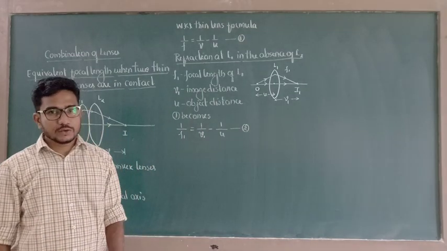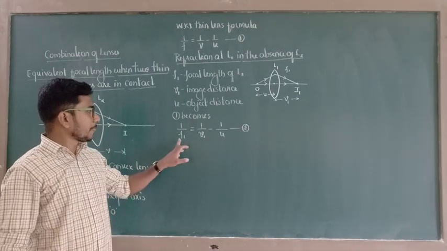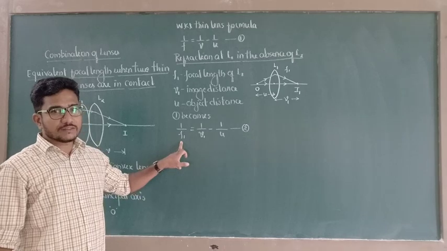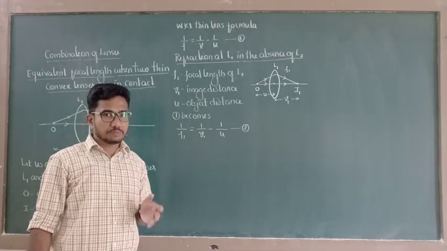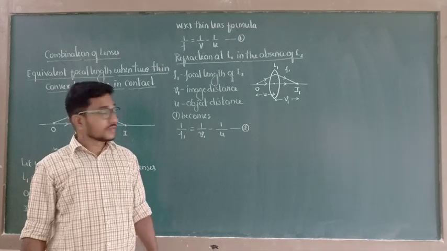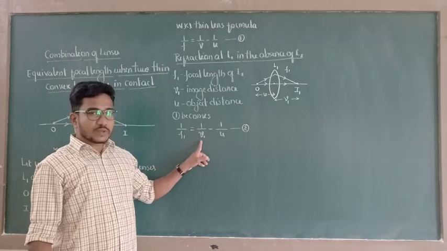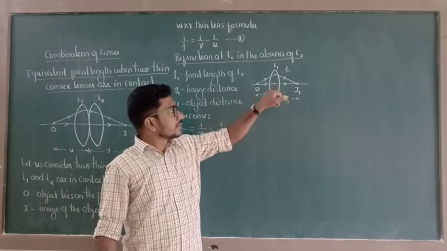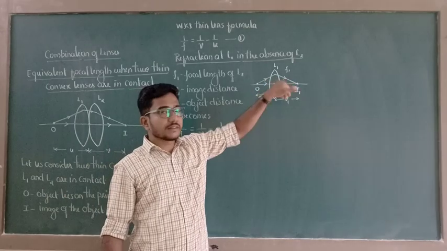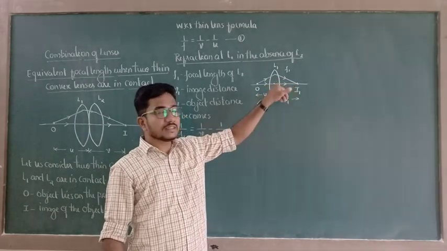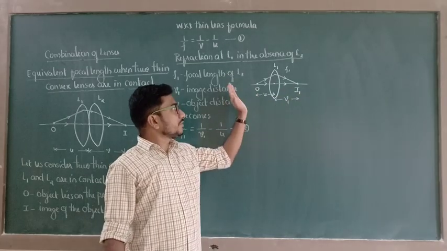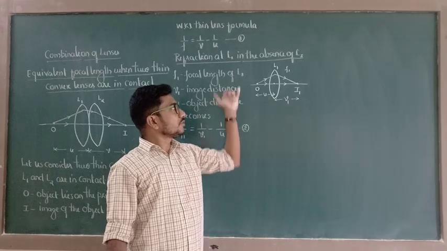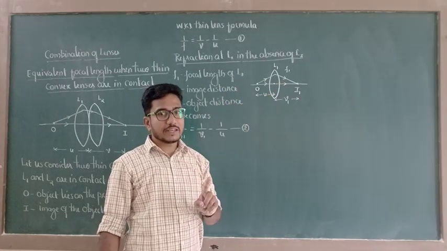So here, according to Cartesian sign convention, we know that focal length of a convex lens is in terms of positive sign because it has a real principal focus. And here V1, all distances measured from optical center. Direction of this measurement is left to right. Direction of incident light beam left to right. Both are in the same direction.